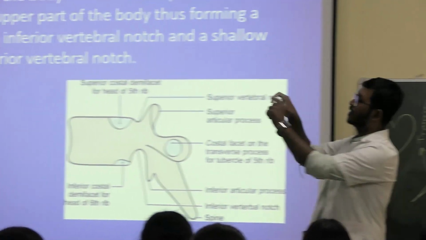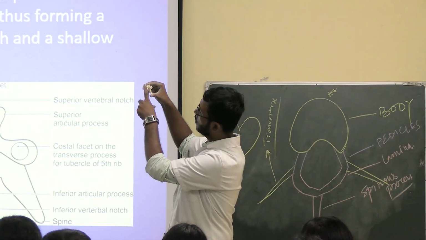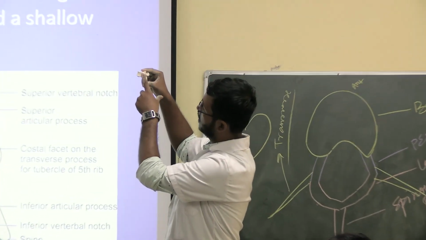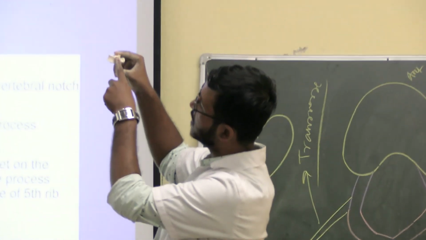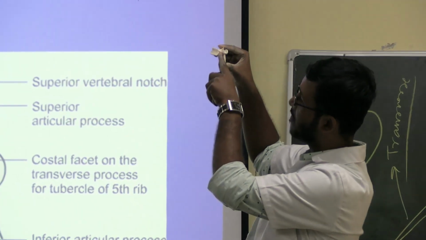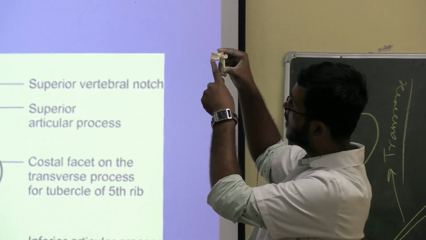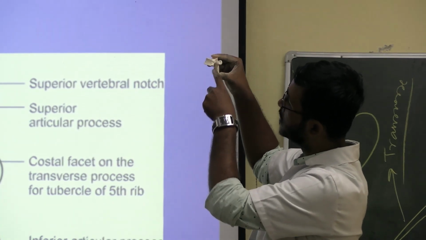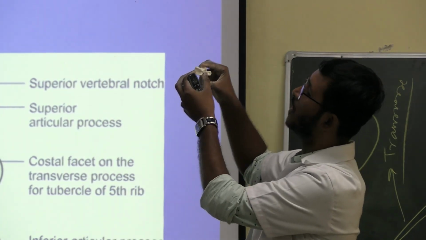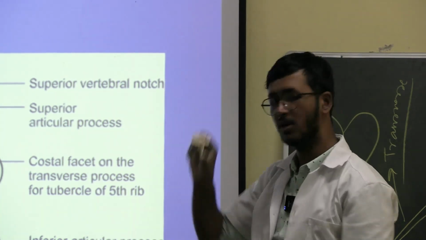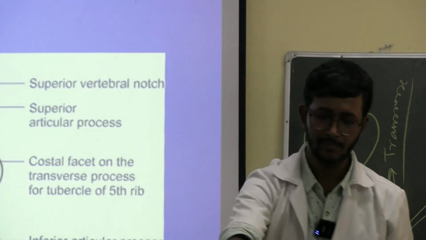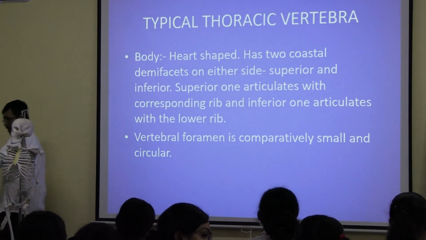This is the body, and this is your pedicle. The pedicle has a narrow vertical diameter and the body has a wider vertical diameter. That is how the notch is formed, due to the asymmetry of both parts, not individual bones.